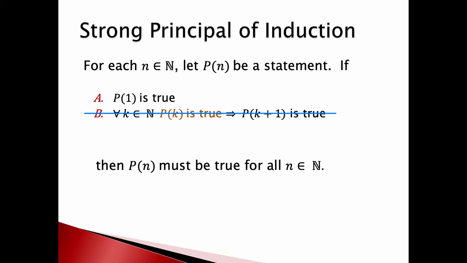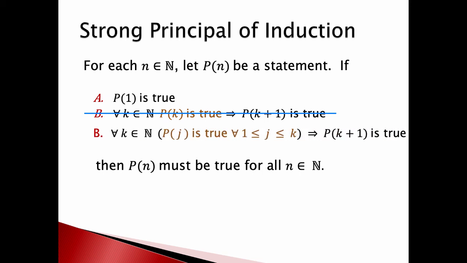Instead of part B, which is proving that every domino knocks over its neighbor, we could do this instead. We could prove that every domino and all the ones before it being knocked down knocks over the neighbor.